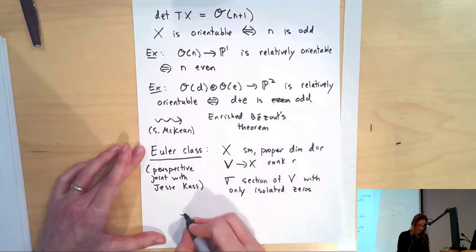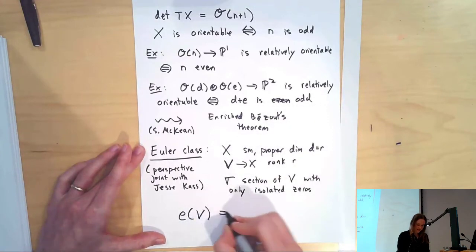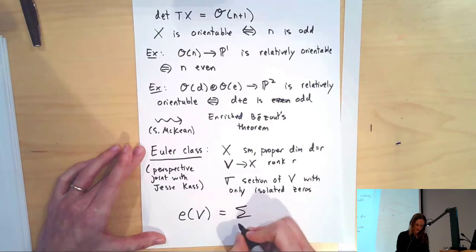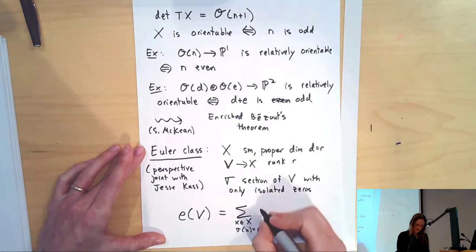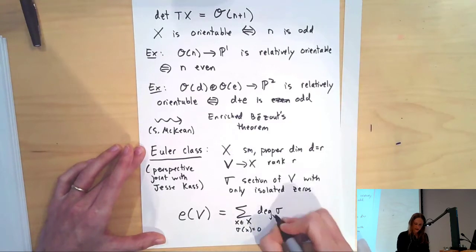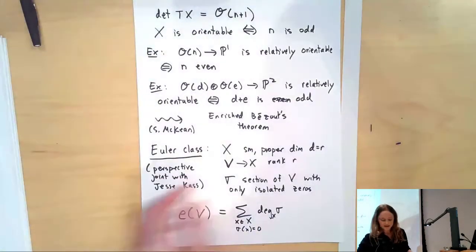We're going to define the Euler class of V as a sum over the zeros of sigma of a local degree of sigma at x, and so we need to define that local degree.